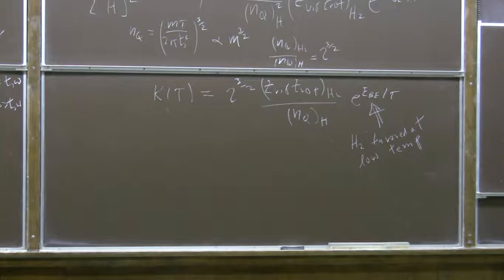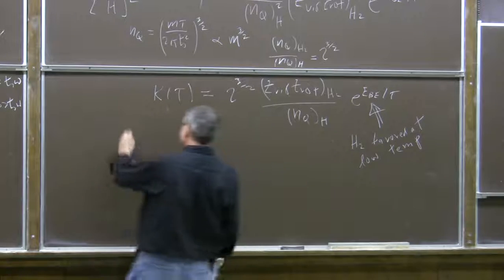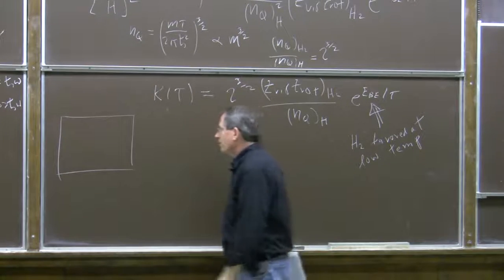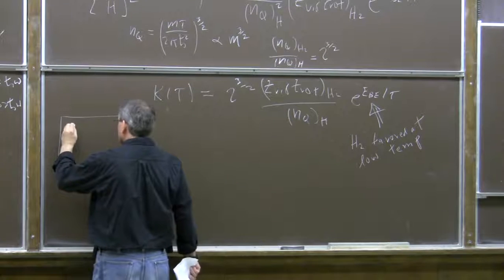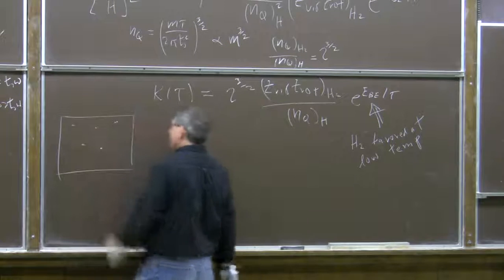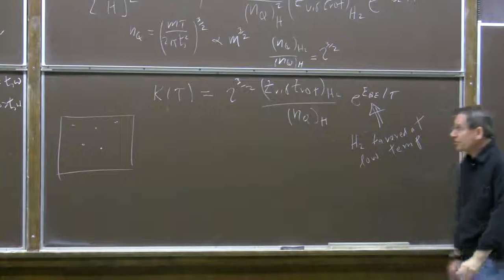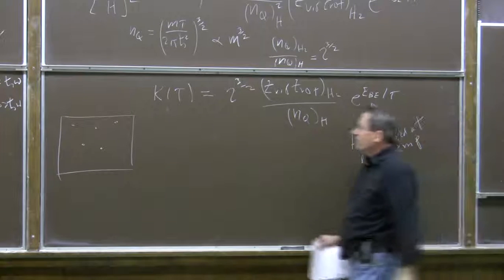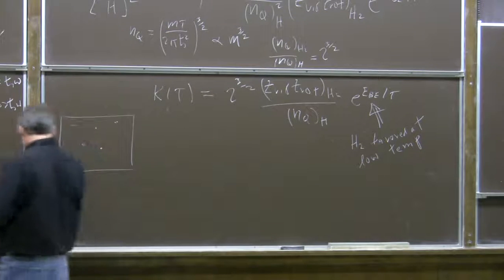So if we want to find the equilibrium concentration, suppose I do have a box, and there are both hydrogen molecules and hydrogen atoms inside the box. They're in equilibrium with one another, but there's some fixed number of protons per unit volume. The protons can either be dissociated in hydrogen atoms or combined together in hydrogen molecules.